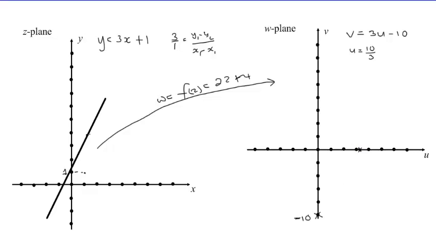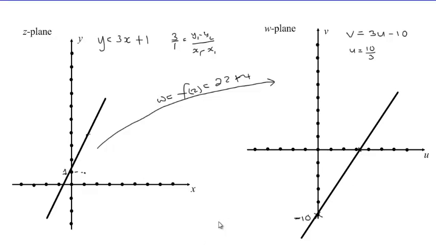Now we can plot a line which goes through this point up to there in that direction. We can adjust this line a bit, and that's what you get.